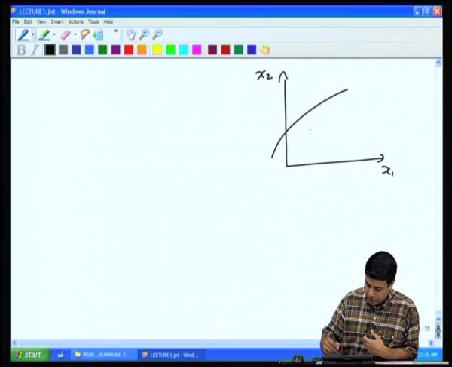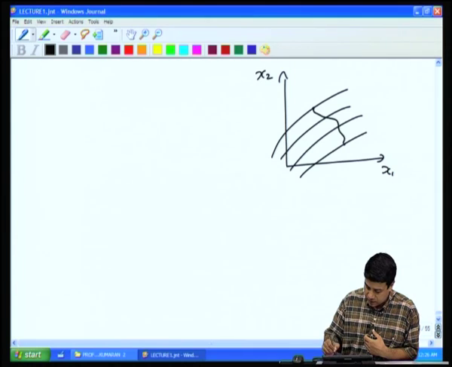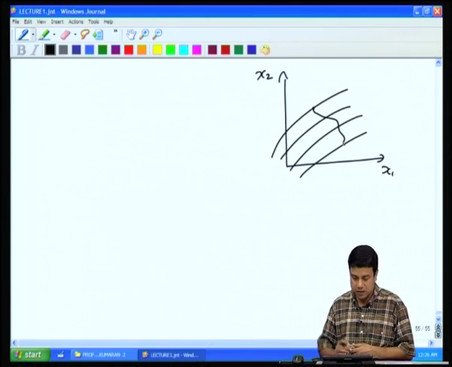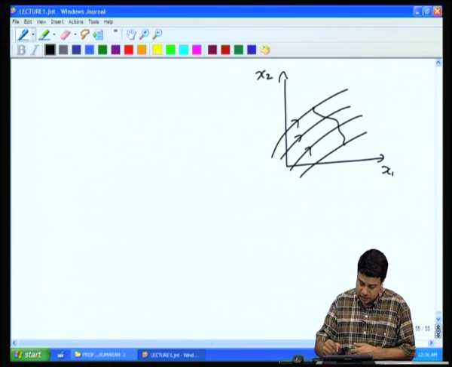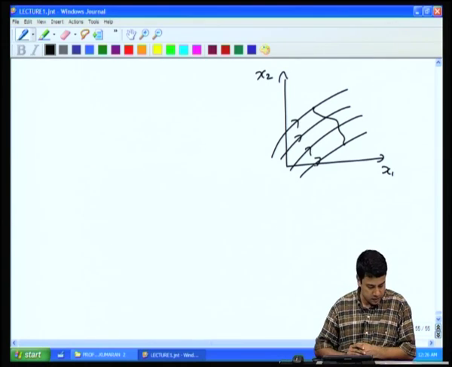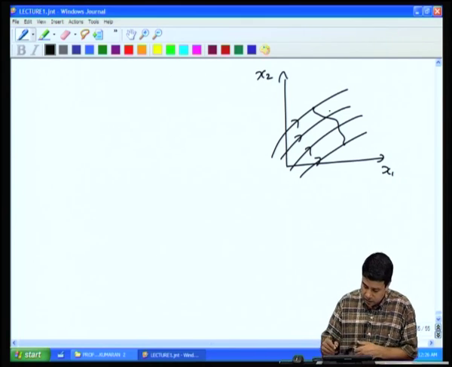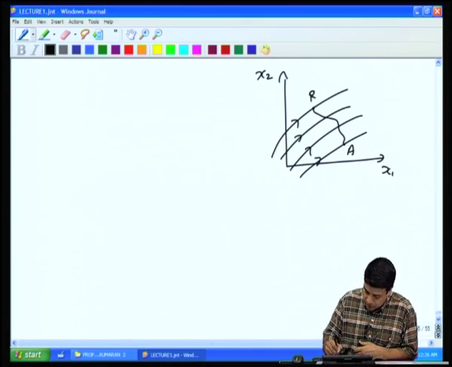If I take a bunch of streamlines, and I take two points a and b, and some surface between these two locations, note that the velocity is along these streamlines. So, what is the integral between a to b?